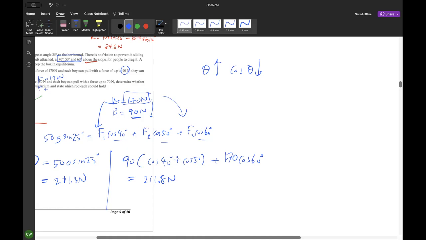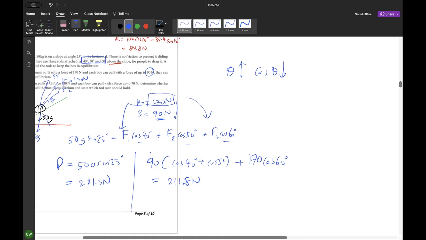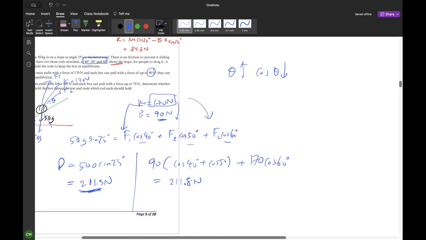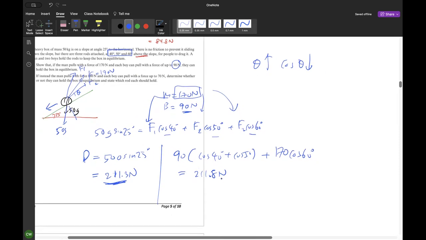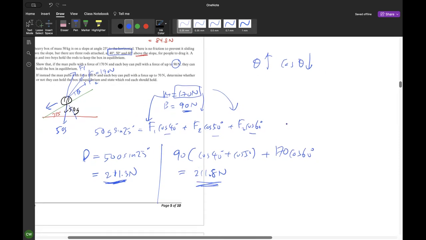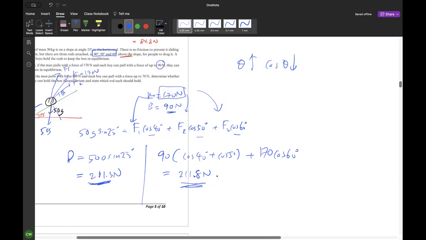Are they possible to hold? This thing will go down. This is the thing that is causing it to slide down. So now you have this much. Are you able to hold? This value is more than this value, so it means they can hold. That means it is possible to hold.